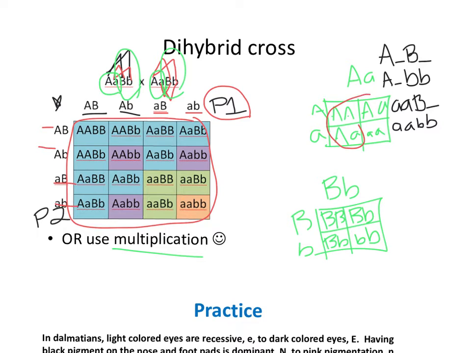Here I see that 3 out of 4 are big A, meaning 1 out of 4 are little a, and I'll multiply those by my B's.